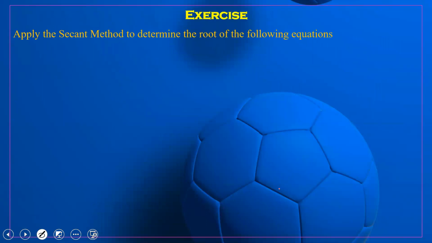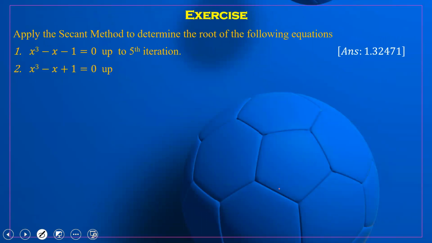Now, in the same manner, we have some exercise questions. Apply the secant method to determine the root of the following equations. x cube minus x minus 1 equal to 0 up to 5th iteration. Answer is given.